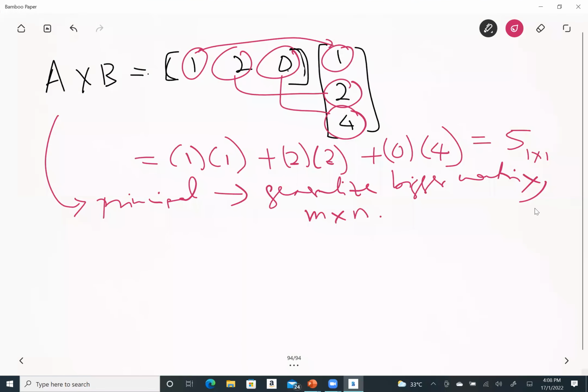We start with an example. Smaller. So let's say I have a matrix A, 3 by 3. And then we multiply to a matrix B, say 3 by 4.